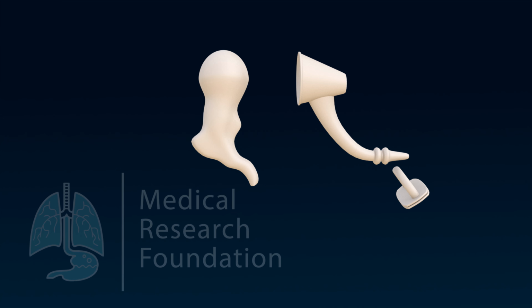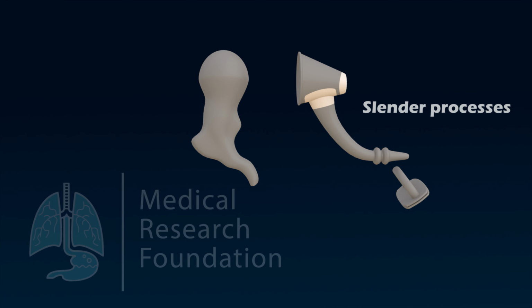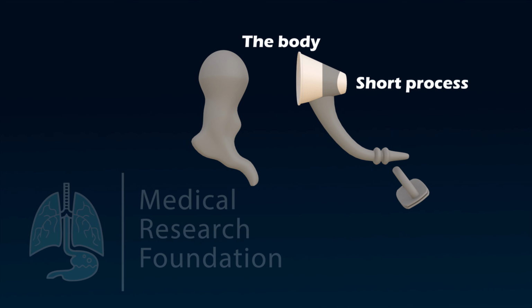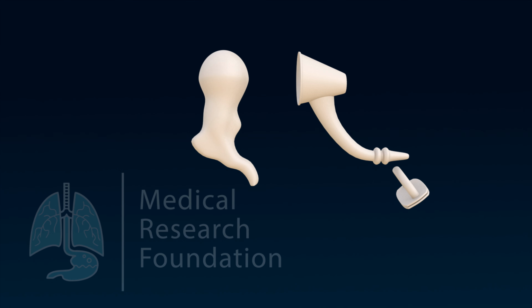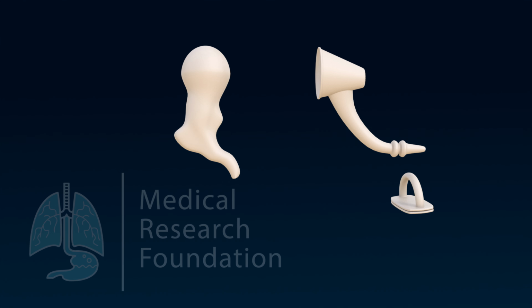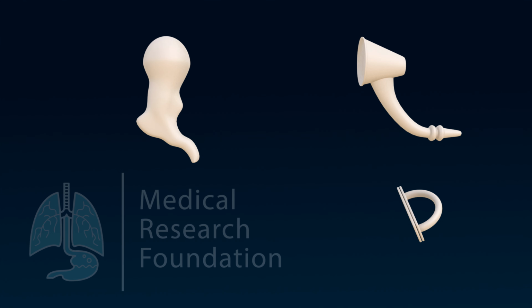Incus. It consists of a relatively large body and 2 slender processes, a short process and a long process. The body and short process lie in the attic, whereas its long process hangs vertically behind and parallel with the handle of the Malleus.